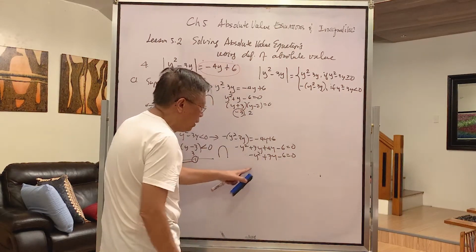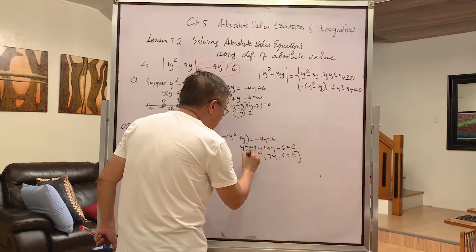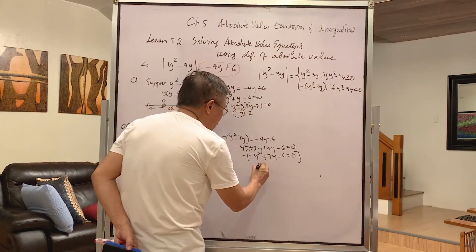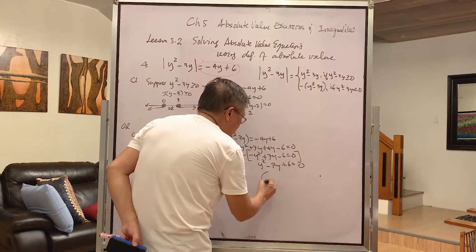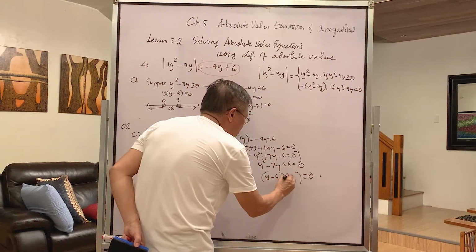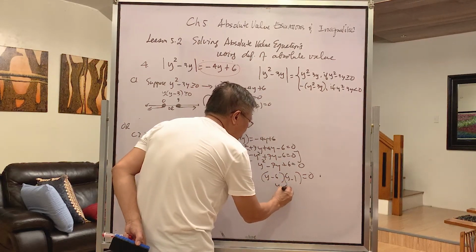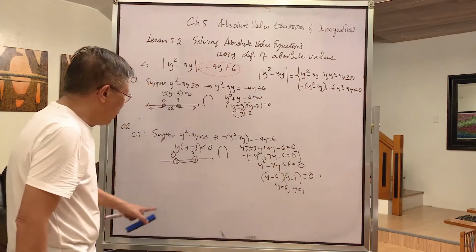It will be more convenient for me to make the coefficient of y squared positive. So, I'll multiply the whole equation by negative 1. So, I'll get y squared minus 7y plus 6 equals 0. And this happens to be factorable. So, you get (y minus 6)(y minus 1). So, y equals 6 or y equals 1. Now, let's see.